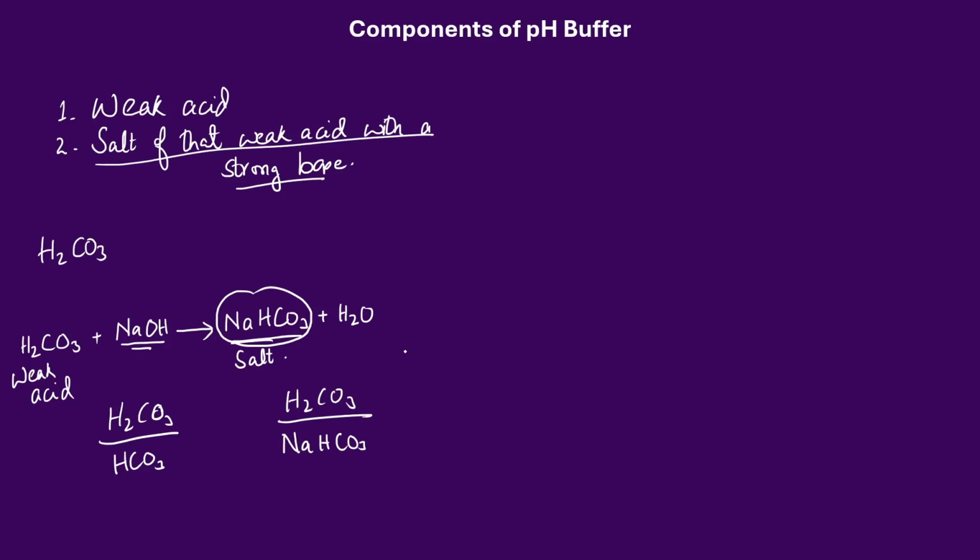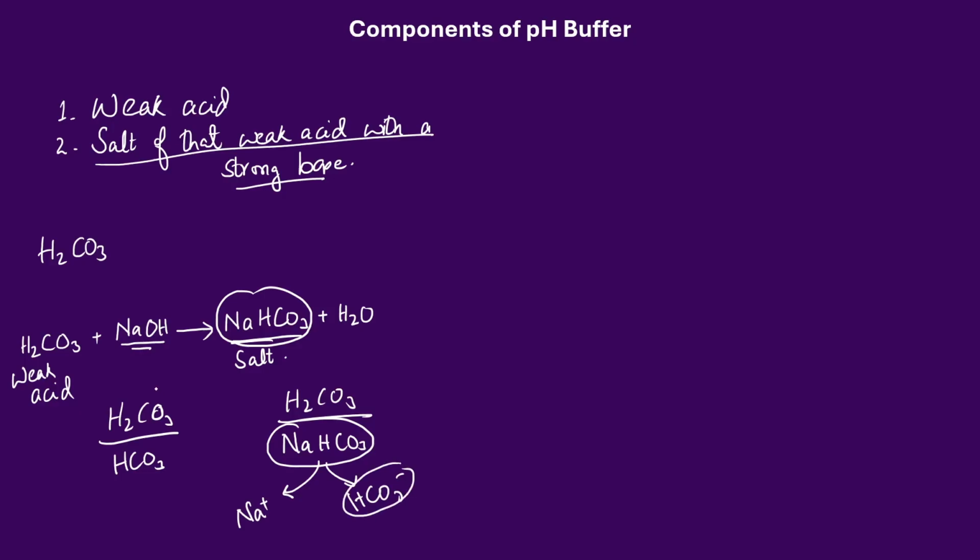The NaHCO3 is a strong electrolyte. What I mean by this is that when it is thrown in water, it completely dissociates. Almost all of it will form Na positive and HCO3 negative.